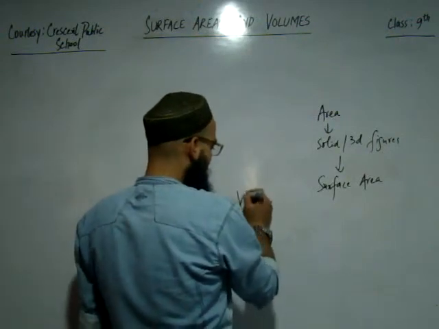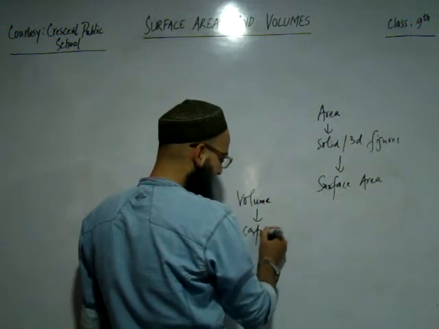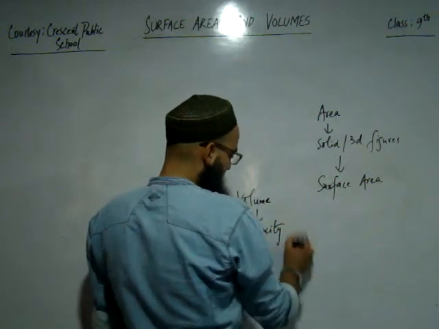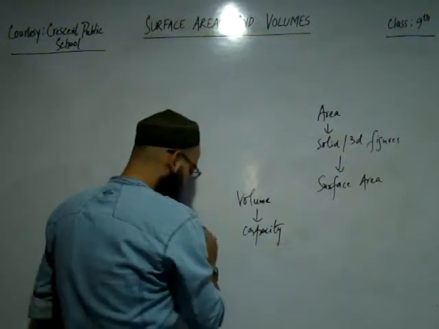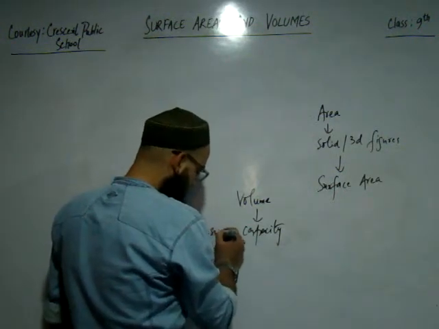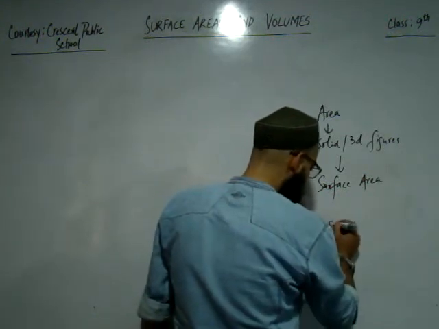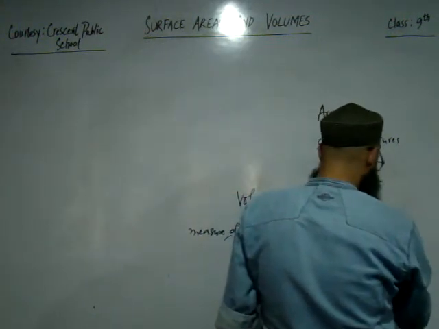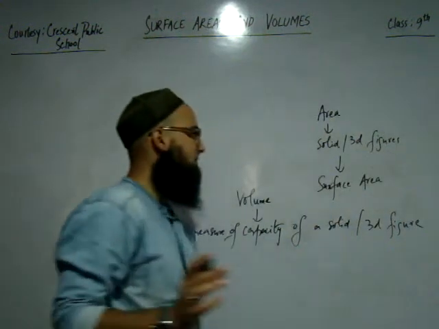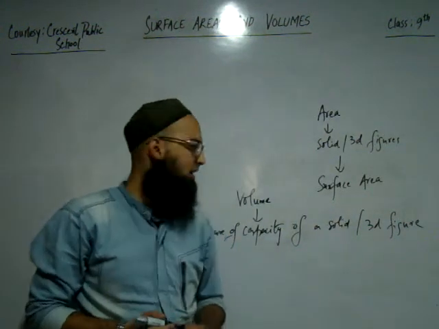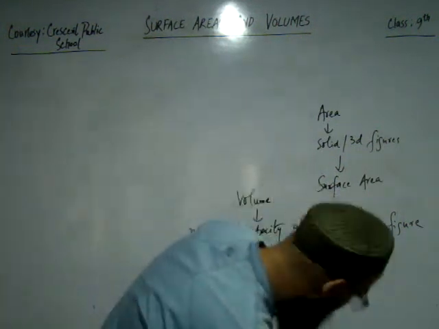And volume is the capacity, or you can say measure of the capacity of a solid or 3D figure. So this is the basic idea about surface area and volume.